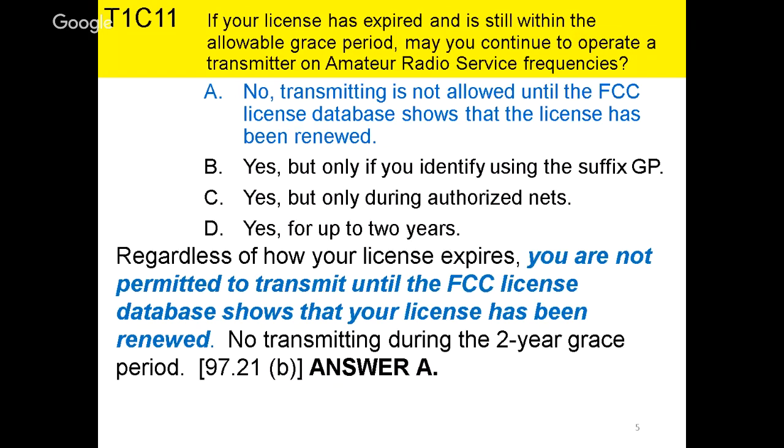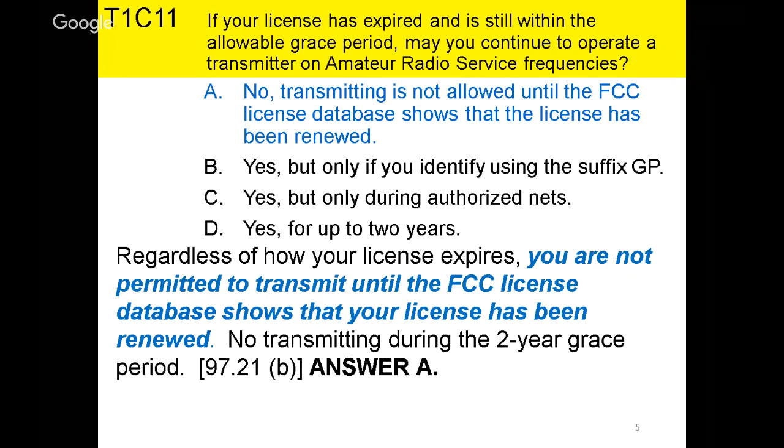And it's very important that if you move, to keep your address updated in the FCC database so that they can send you information. If the FCC sends you a notice at your old address and it gets returned back to them, they can very well suspend your license, and you may not know that, and you may be operating, and suddenly somebody knocks at your door and says, "Hey, I'm from the FCC.